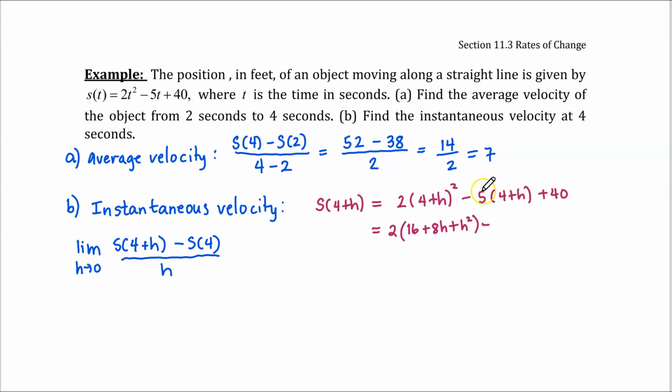Minus, now you distribute negative 5 to each term in the parentheses, so you have minus 20 minus 5h plus 40.